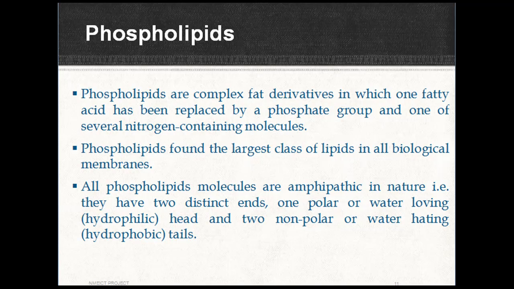This property makes two layers of phospholipid molecules in all biological membranes, which spread as sheets. The polar heads face towards the outer and the cytoplasmic side, while the non-polar tails are present on the inner side, forming the hydrophobic core of the membrane.